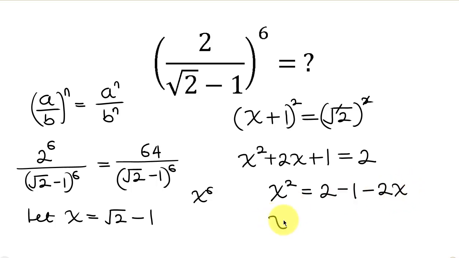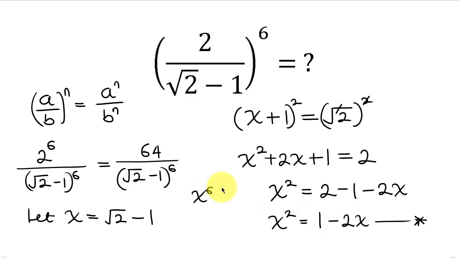And then simplifying further, you see that we have 2 minus 1, that is 1, minus 2x. Very good. Now, this is very important to me. Very, very important. So this is going to be our recursive x squared. That means I'm going to be using this value whenever I see x squared repetitively.